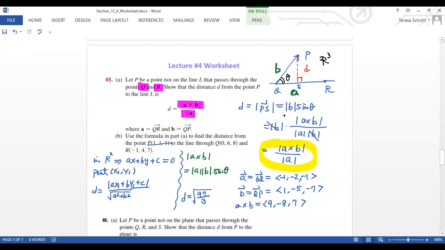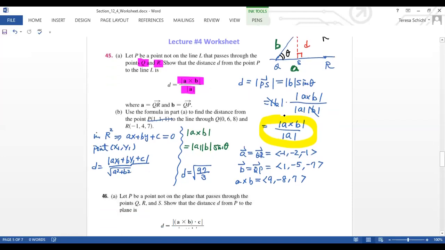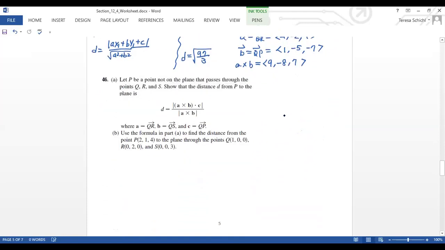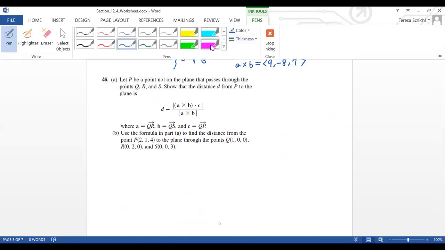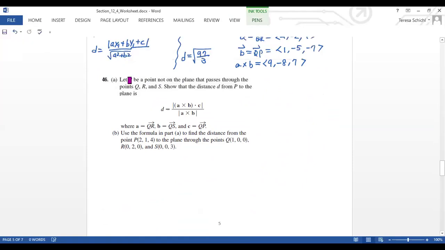Okay, all right. So now the next one. Remember we just did problems like finding the orthogonal vector to a plane, right? Now let's take a look at number 46. Let's say P is not on the plane.